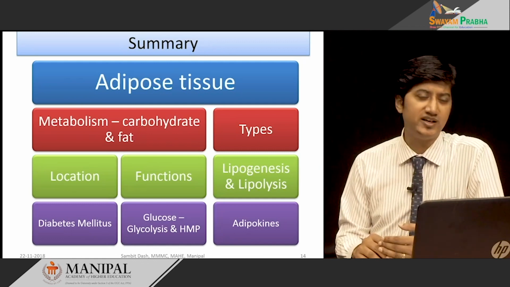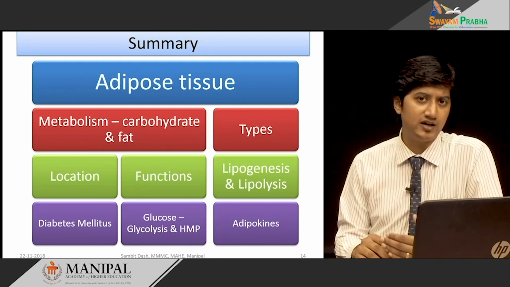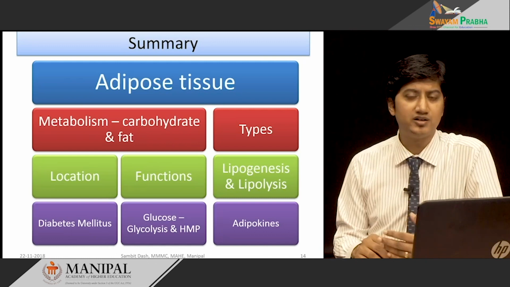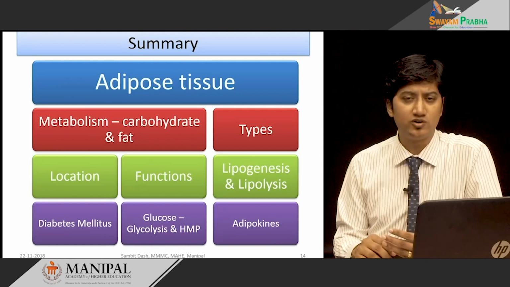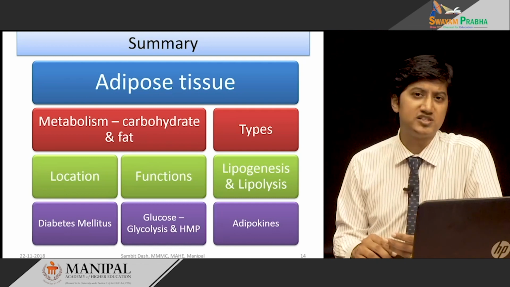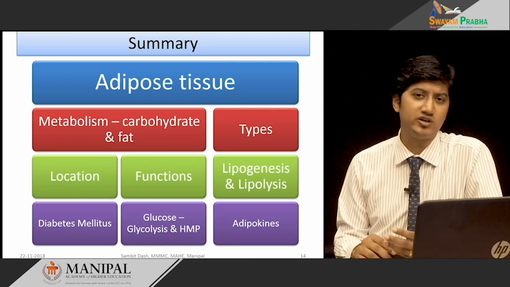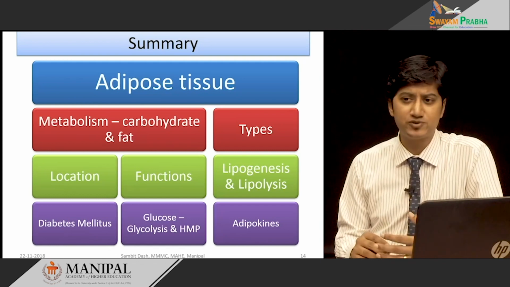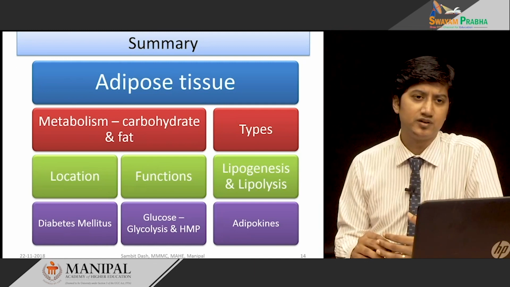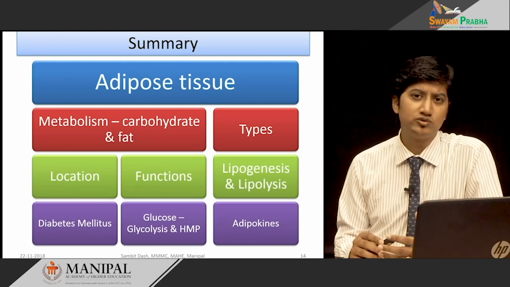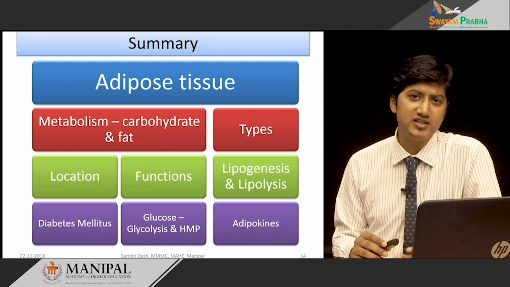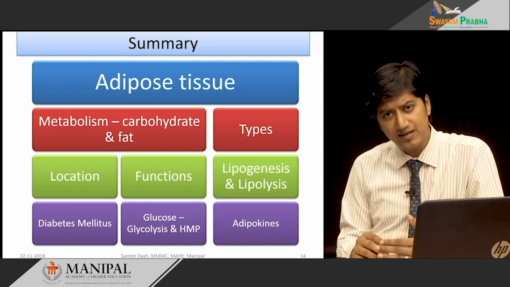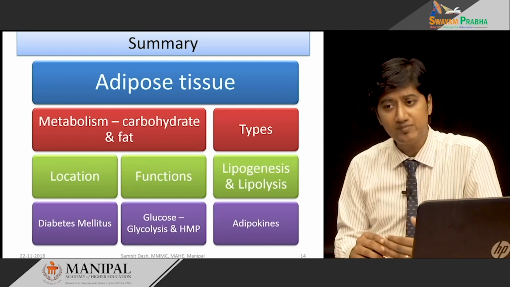Whereas in a starvation state, when you need the fat to break down, increased lipolysis occurs under the activation of enzyme hormone sensitive lipase activated by glucagon and epinephrine. We have also quickly seen the role of adipose tissue in diabetes mellitus, how the two processes of increased lipolysis and decreased LPL activity lead to dyslipidemia in diabetes.